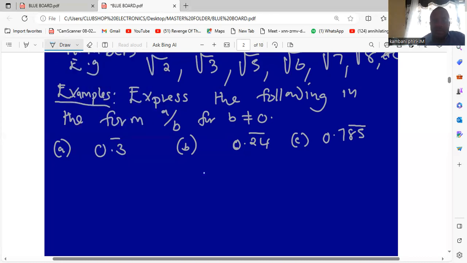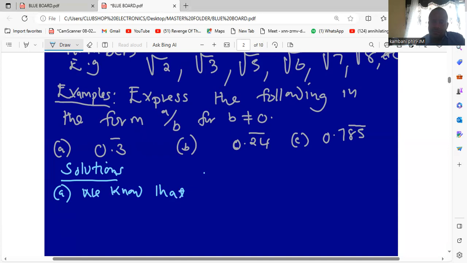So let's look at our solutions. All of us know that 0.3 with a bar is the same as 0.3333 and so on and so forth.